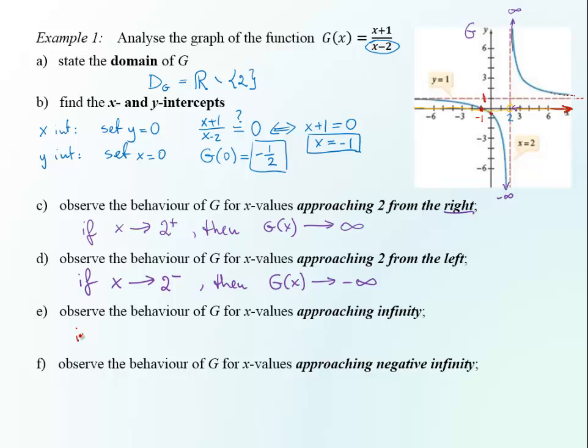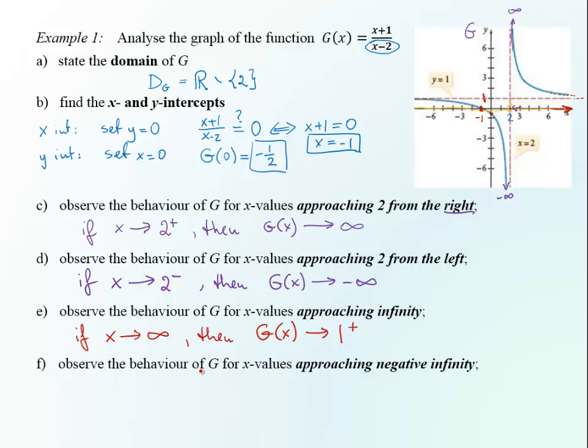Similarly as before, if x approaches infinity, then g of x approaches 1, but by numbers a tiny bit larger than 1, so we can say it approaches 1 from the positive side. We can be a little bit more precise here.